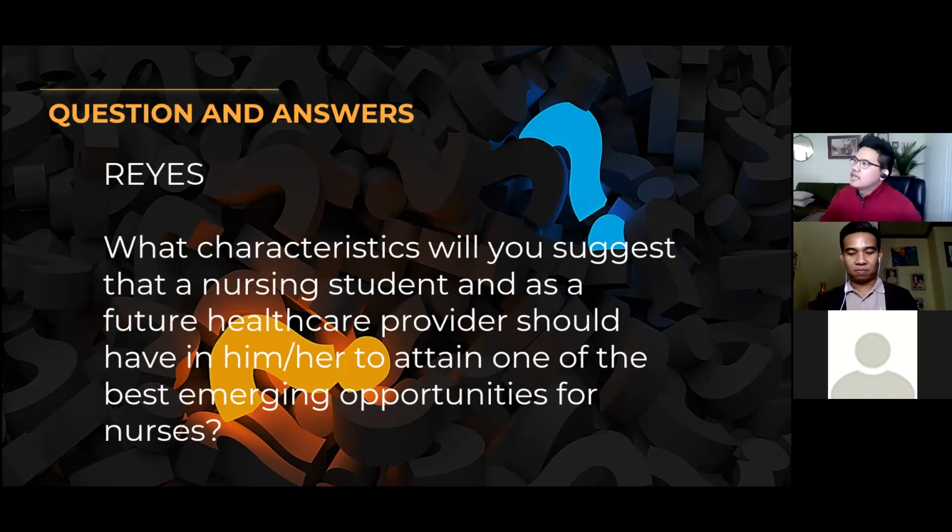I believe the problem is the healthcare delivery system itself, because we actually have one of the best healthcare delivery systems. However, the problem is the implementation, the execution of this system.